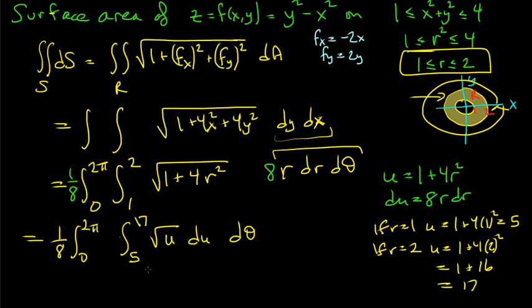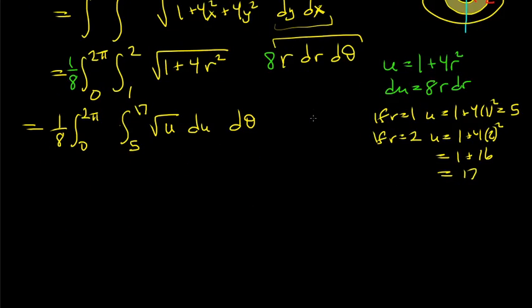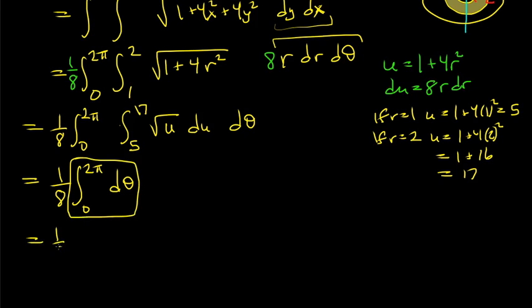So u goes from 5 to 17. And there's no theta here, so with respect to theta, this just becomes the usual 2 pi. But this integral here, we have to do that.